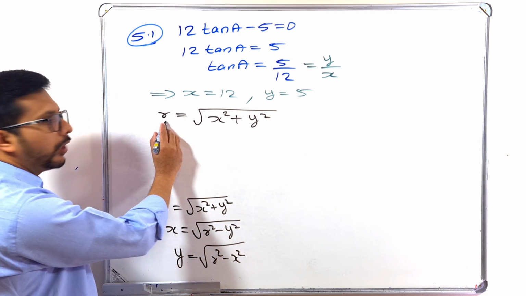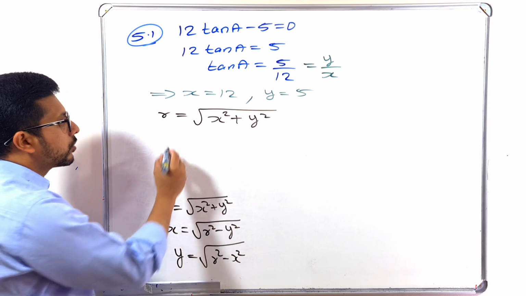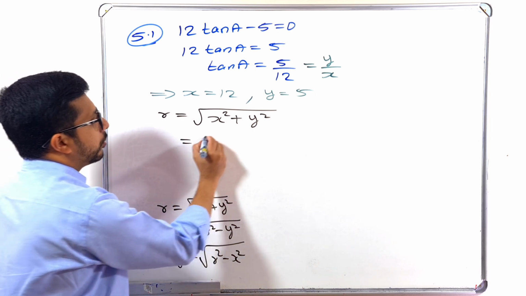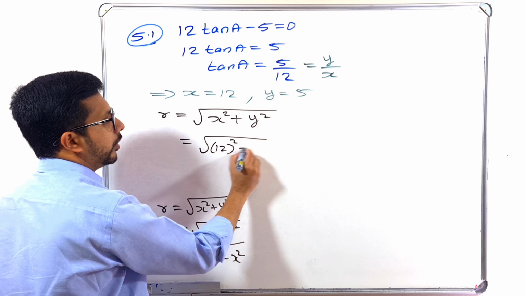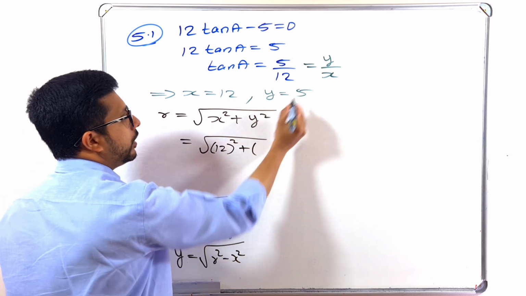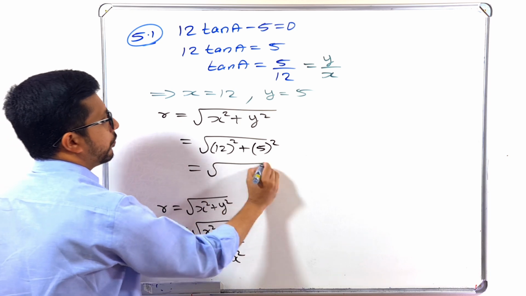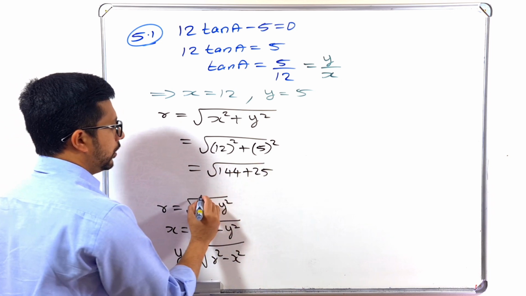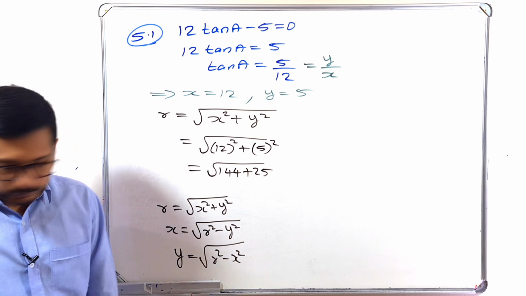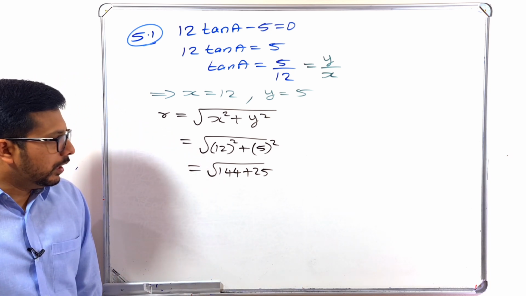So here we want to find r, so it is root of x square plus y square. What is x? 12 square plus y square. What is y? It is 5 square. So root of 144 plus 25, that is 169.